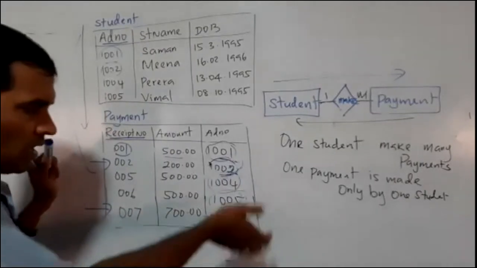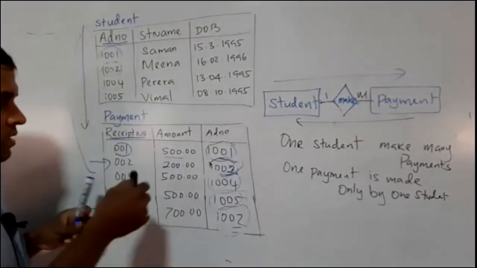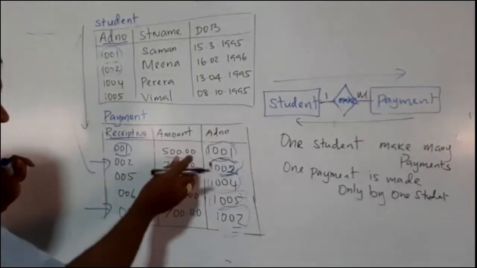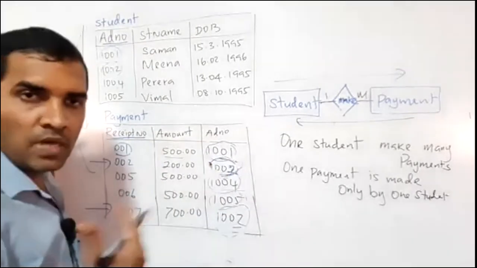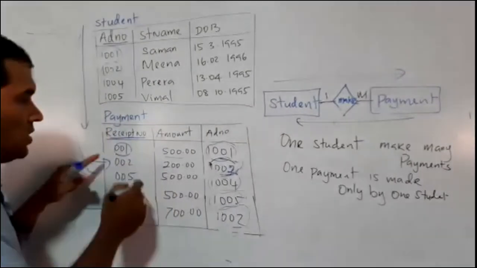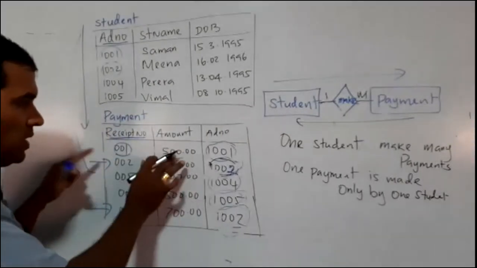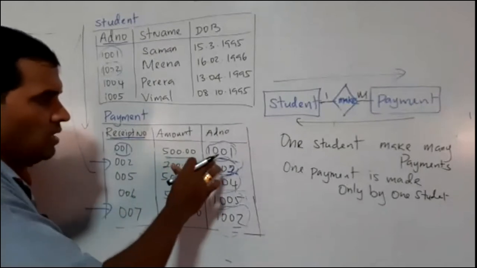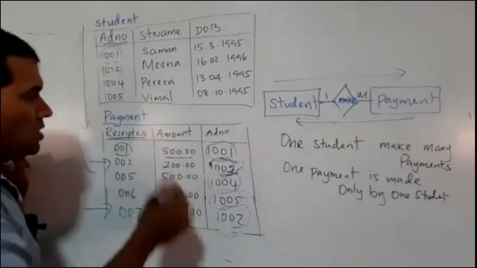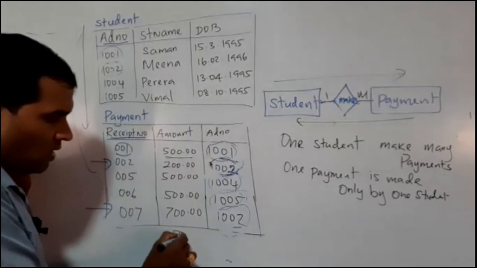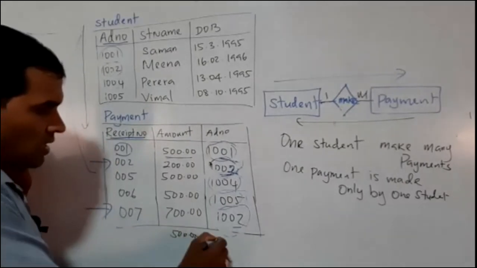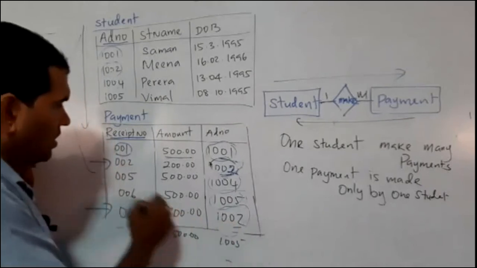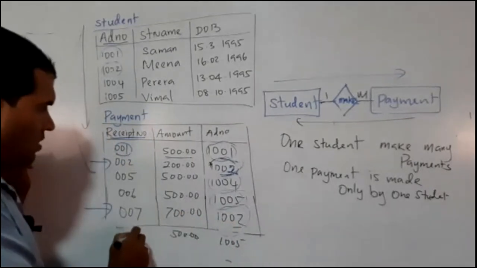So what's the meaning? I already explained. You can't say that a payment is made by a group. If 2 students made this payment, 500 for example, assume this 500 is made by 1001 and 1005, then you have to write 500 again, 1005 again, and 001 repeated.